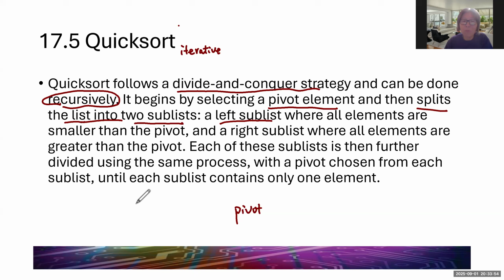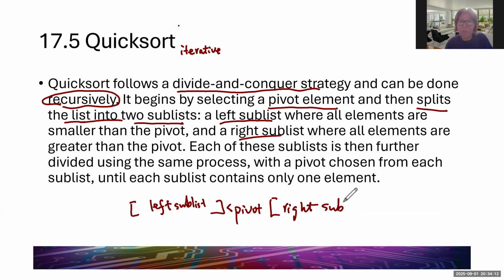After the split, you have the left sublist, in which all of the items are less than the pivot. And you have a right sublist, in which all of the items are greater than the pivot.